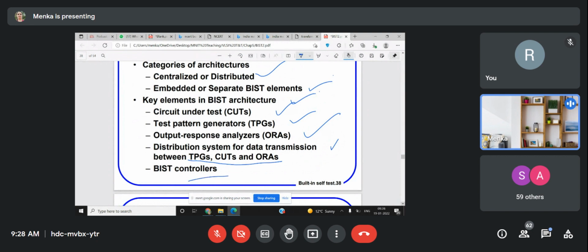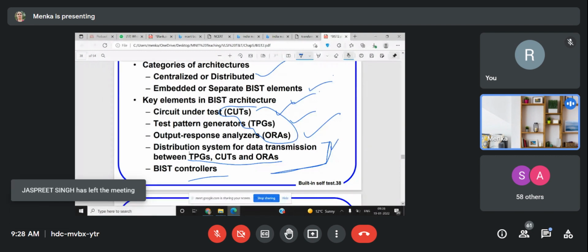These are new parts which we have to discuss. The BIST controllers are going to control the intermediate activities between all these three units, and the distribution system is available for distributing the data.